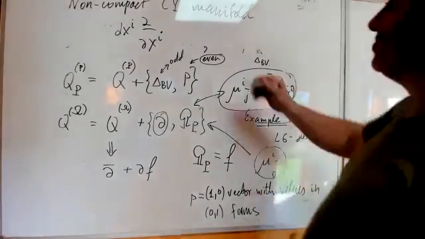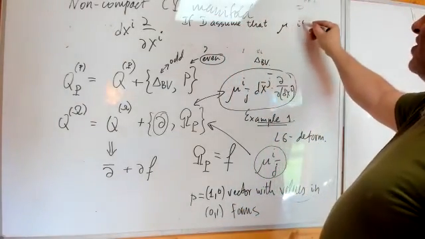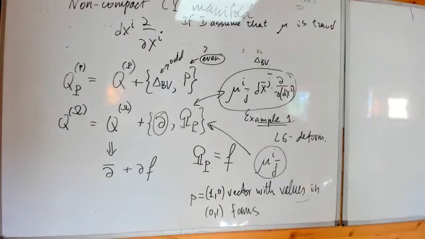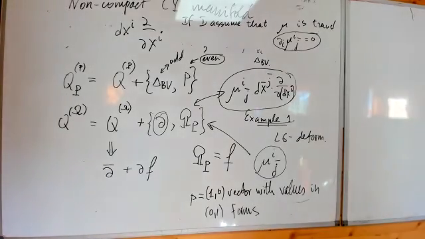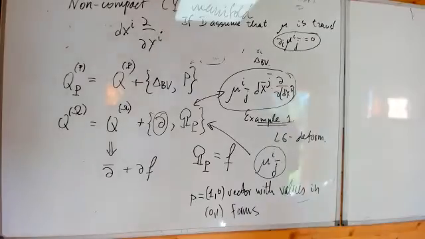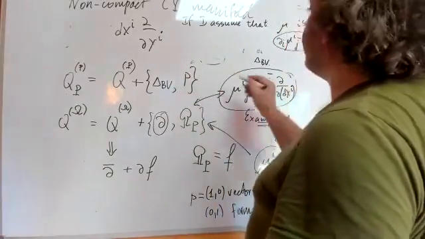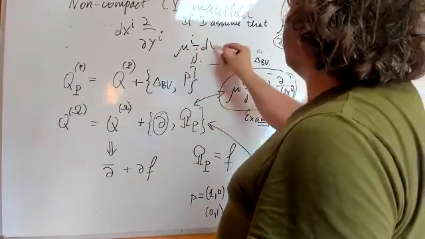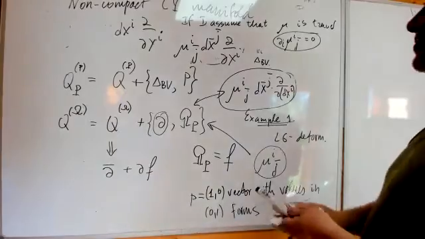So if I assume that mu is transversal, namely d_i mu^i_j bar is 0, then this commutator would give mu^i_j bar dx^j bar d over dx^i. So I'll erase a lot of things.